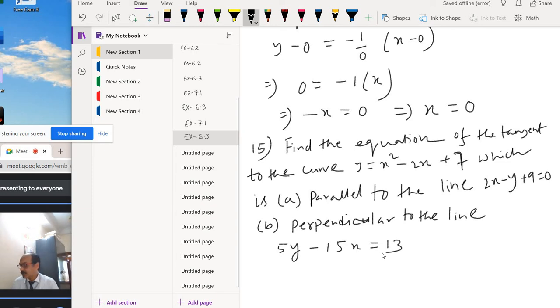Okay, so the question is find the equation of the tangent to the curve y equal to x square minus 2x plus 7, which is parallel to the line 2x minus y plus 9 equal to 0 and perpendicular to the line 5y minus 15x equal to 13.